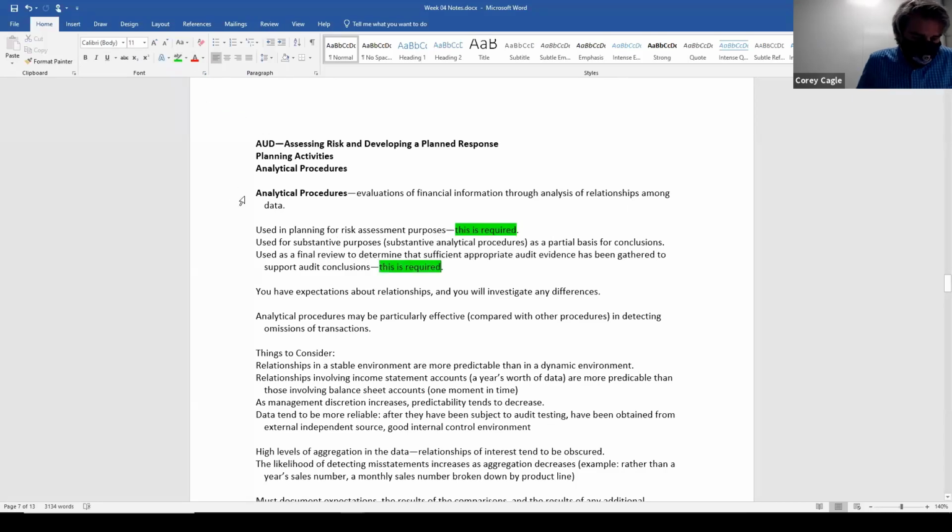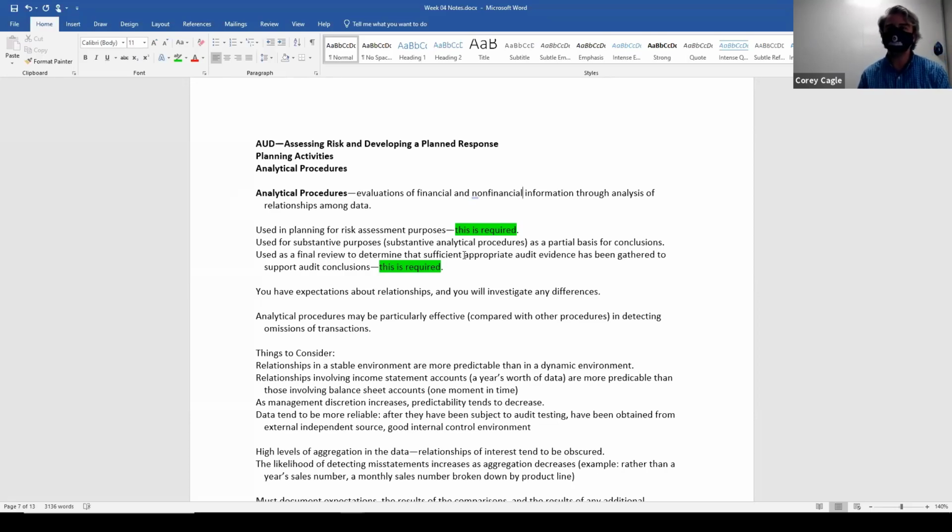But what we're doing is we're looking at financial information and non-financial information. It doesn't have to be financial information; it can also be non-financial. We're looking at relationships.